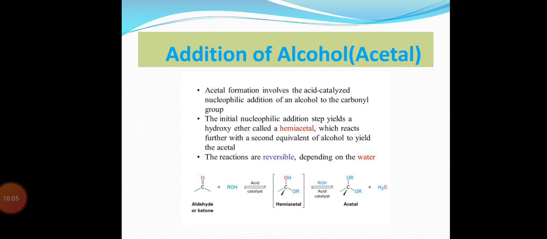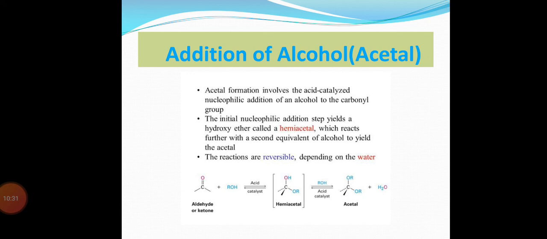In this type of addition, only the removal of the water molecule takes place. It means there is no new bond formation as compared to the carbonyl group, but simply the addition of alcohol towards the carbonyl of aldehyde and ketone with the removal of water molecule.